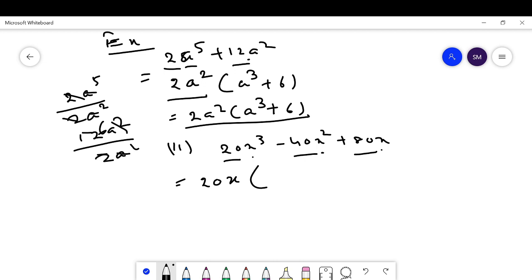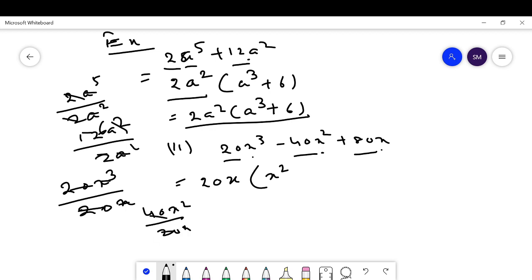While dividing 20x cube by 20x, what remains here? X square. Then when you divide 40x square by 20x, what remains here? 2x, with a minus sign, so minus 2x.